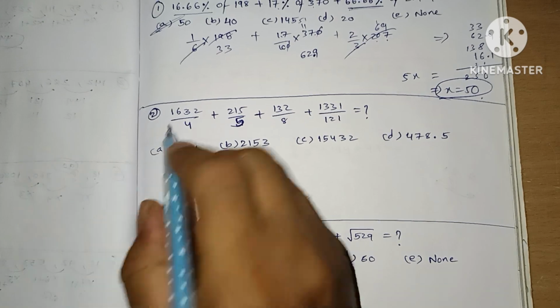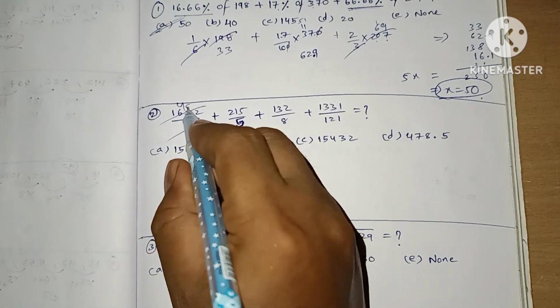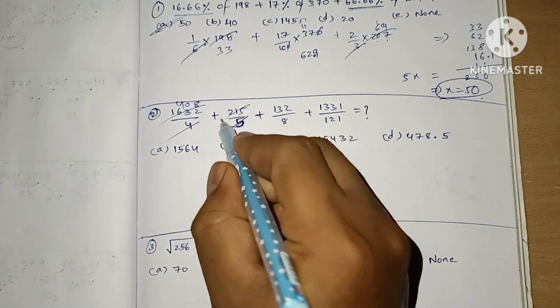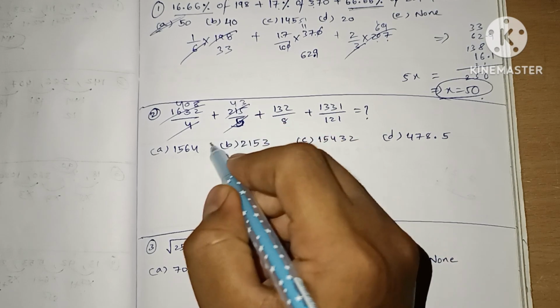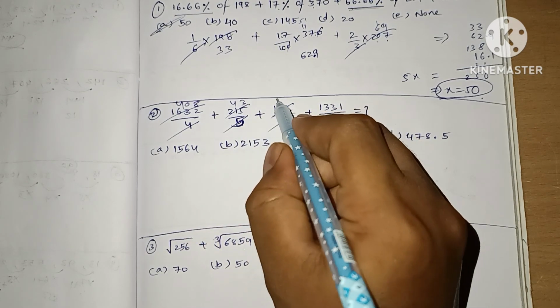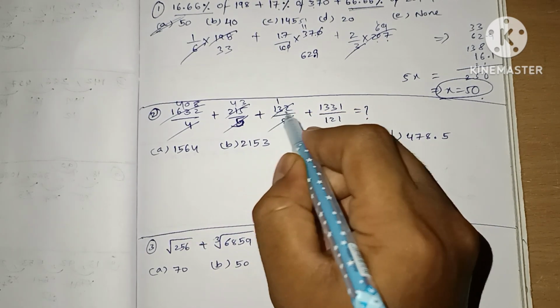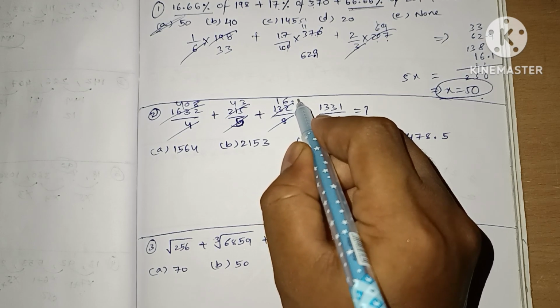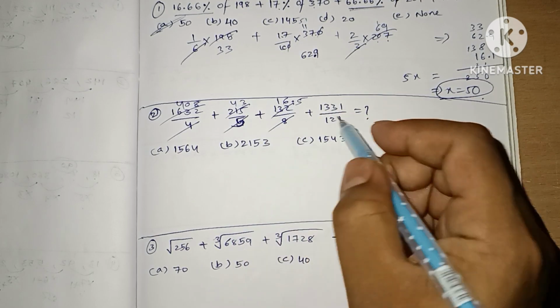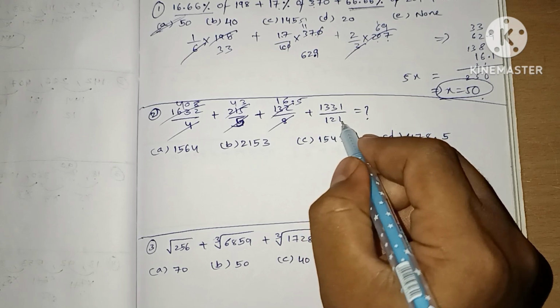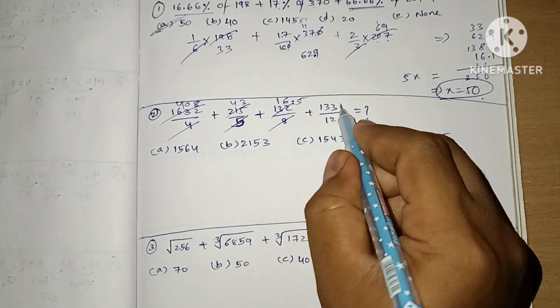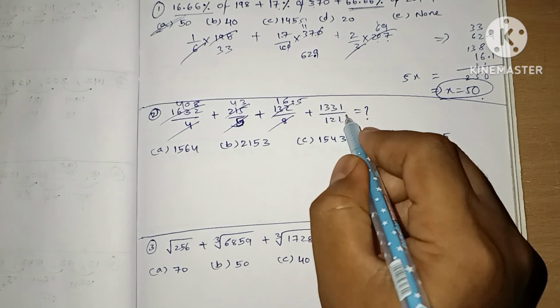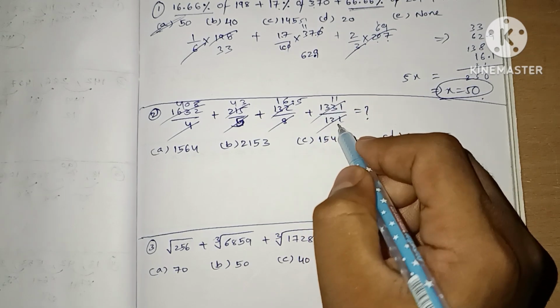Second question. 4 times 0, 8 times. 5 4 times and 3 times. 8 1 time 8 52. 8 6 times 48.5 times. 11 times 11 cube. This is 11 square and this is 11 cube. So we are left with 11.